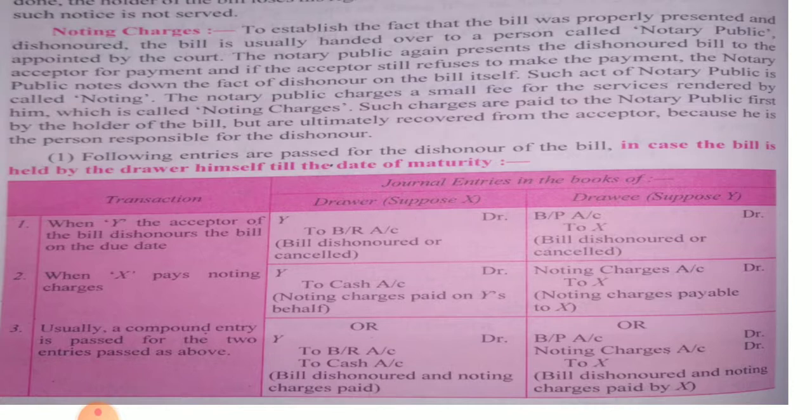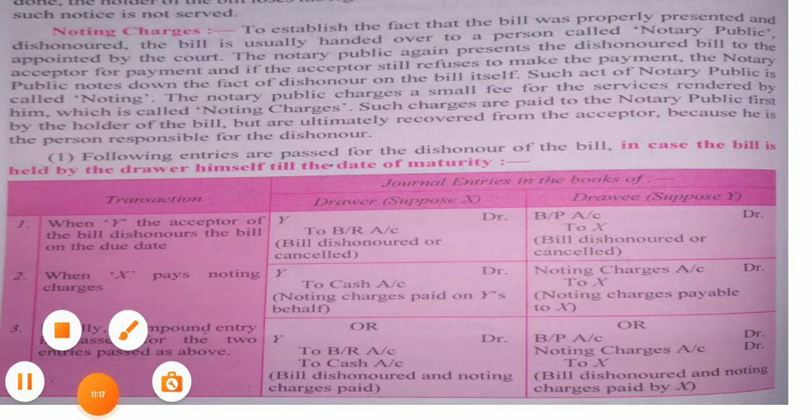In the books of the drawee: bills payable to X, bill dishonored, it will be the reverse entry. Noting charge to X, and the compound entry will be BP account debit, noting charge debit, to X, because noting charge is an expense.